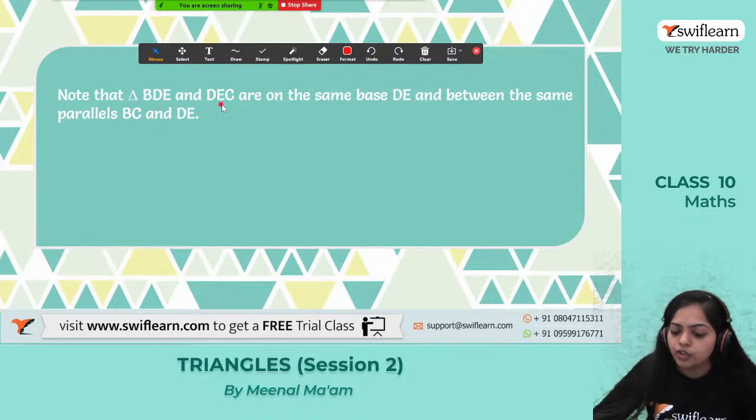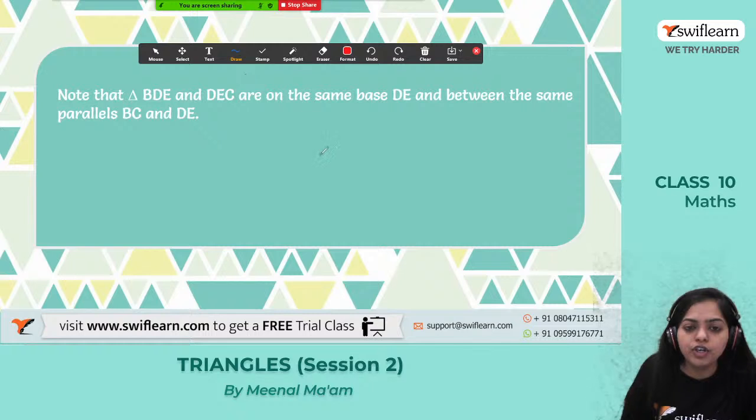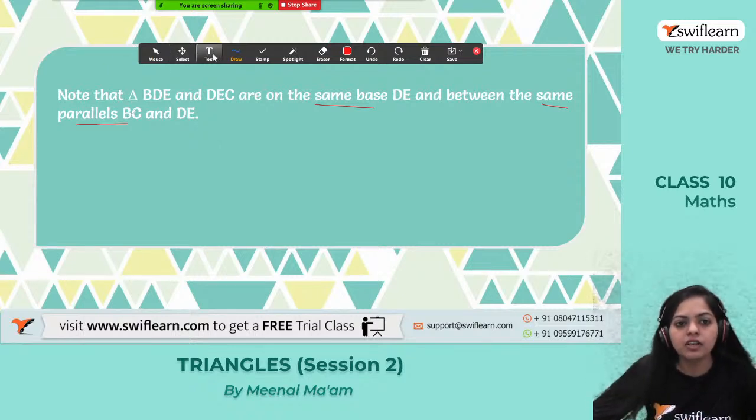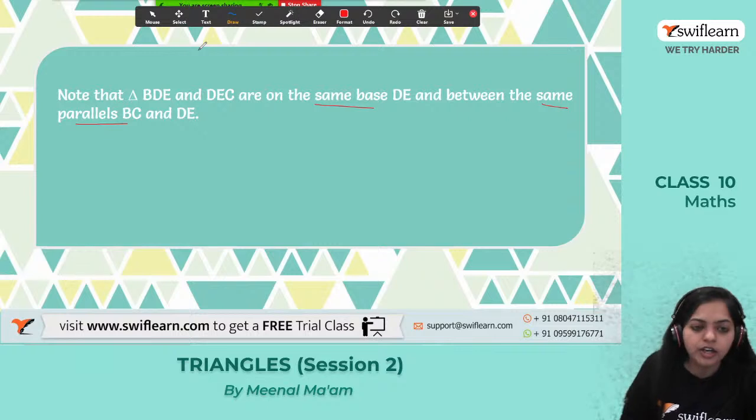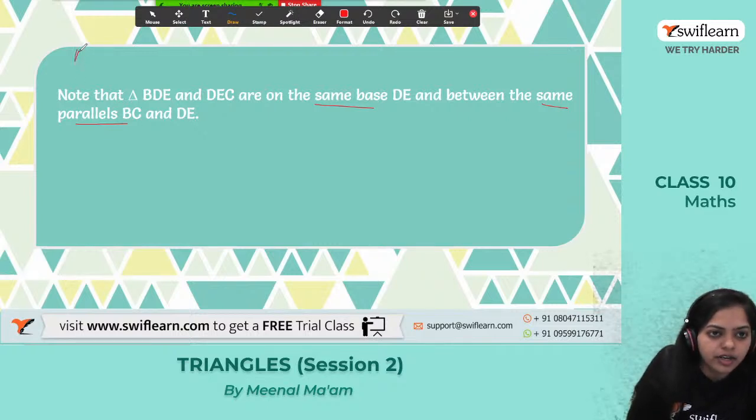Now according to the property of triangle, what is the property of triangle? If two triangles are drawn on the same base and between the same parallel lines, their areas will be equal.